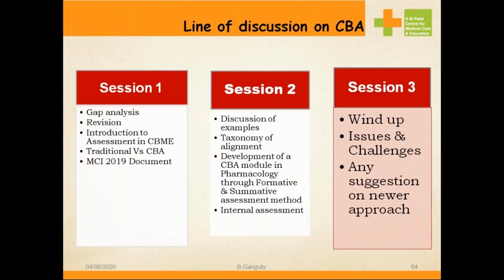So today we will be winding up the session of assessment, and we will be discussing certain issues and challenges related to competency-based assessment, and if there is any suggestion on this newer approach.